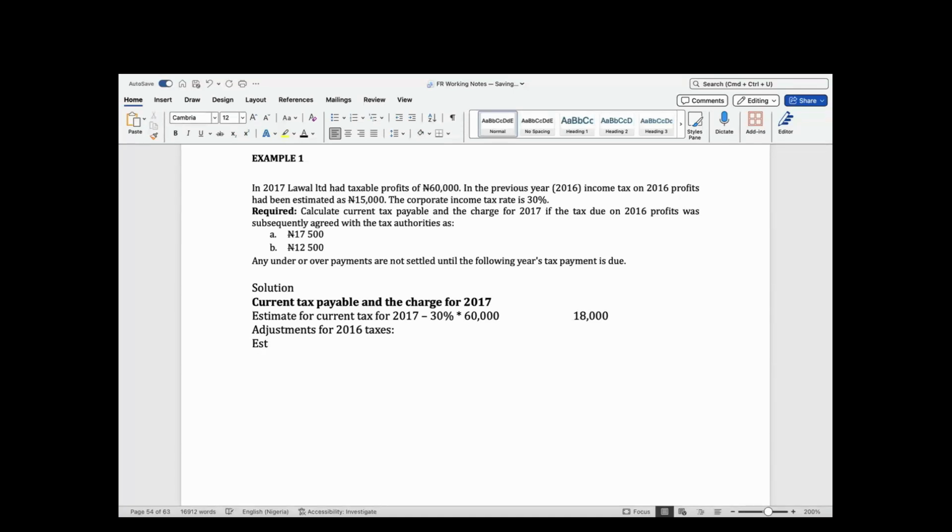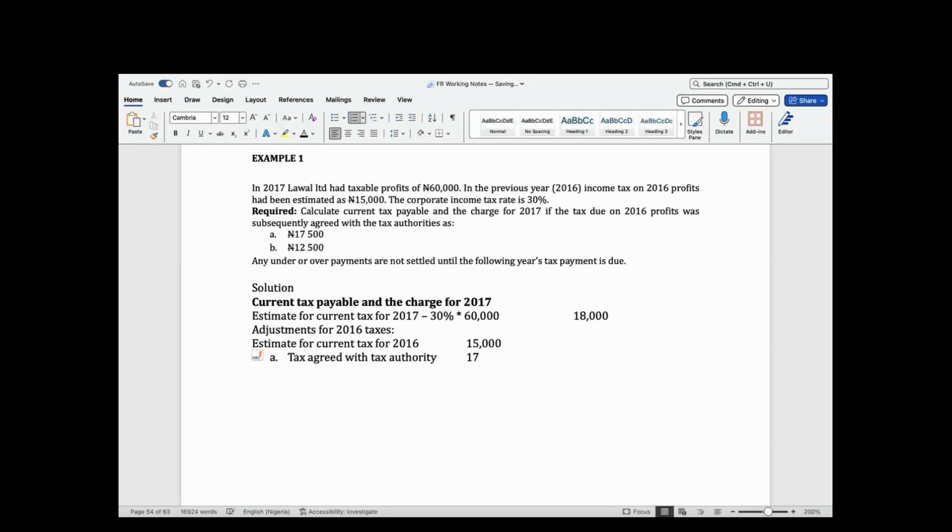In 2016, last year, our estimate for current tax, the question told us, was 15,000. So the examiner gave us scenario A, the tax agreed with the tax authority, meaning the actual tax that you would pay at the end of the day.